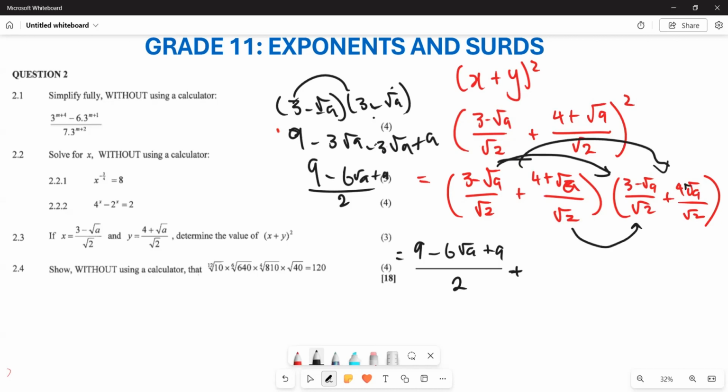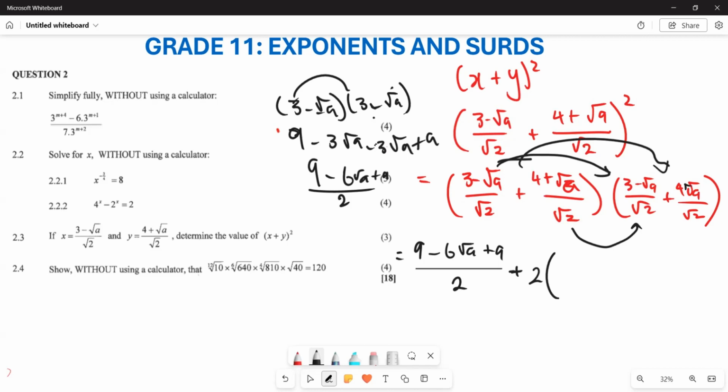So you can simply make this 2 into bracket. When I say 2, I'm accommodating for the first multiplication and the second multiplication, so this is going to be 2 into what?